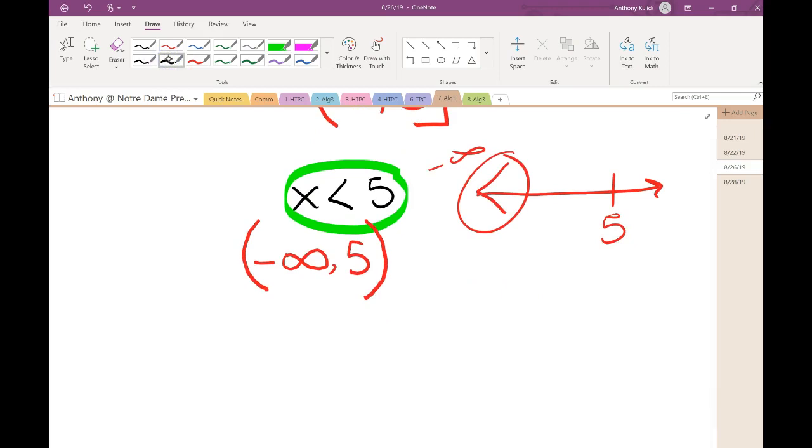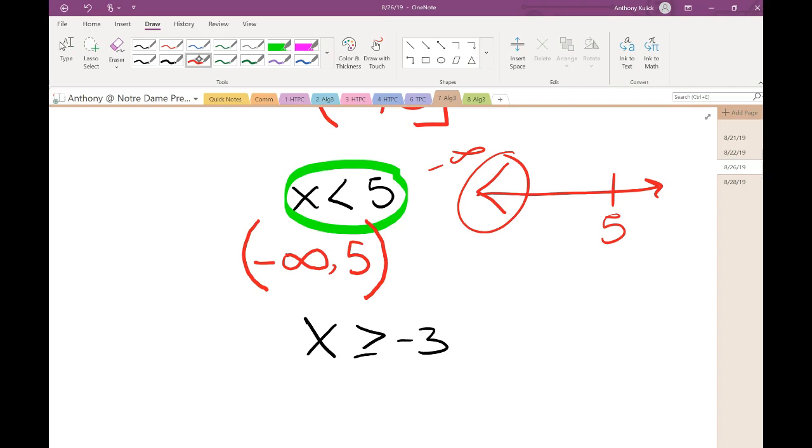Okay, let's do one more, and we should feel okay about these intervals. So maybe x is greater than or equal to -3. The first thing I want to do is find my lower bound.